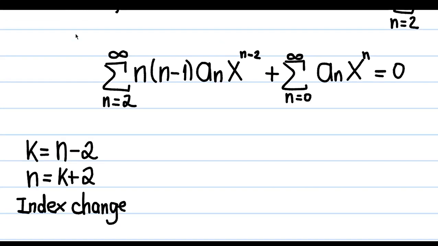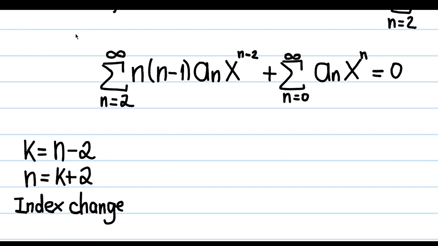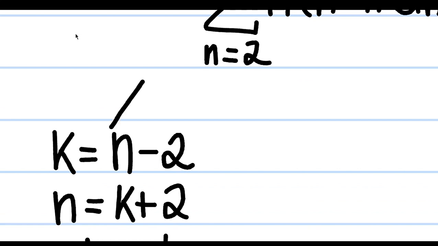I'm going to do my index change for this series. So if this series starts when n is equal to 2, my new series starts when k is equal to 0, because if I substitute 2 in n, it would be 0.